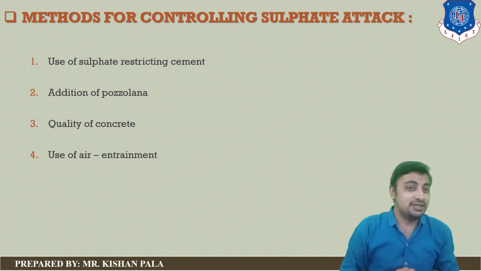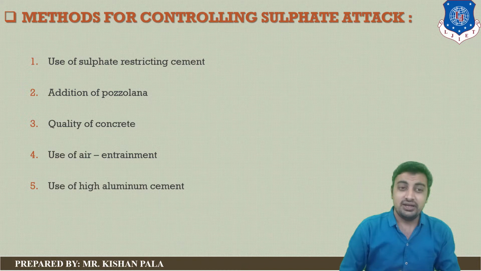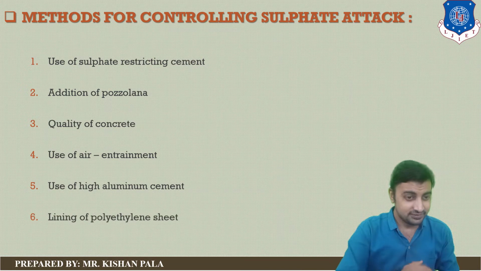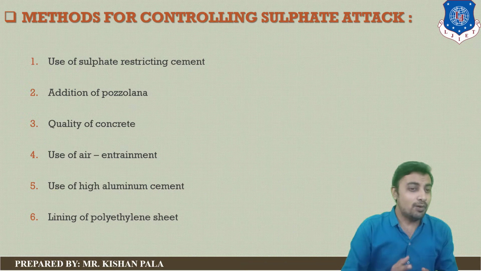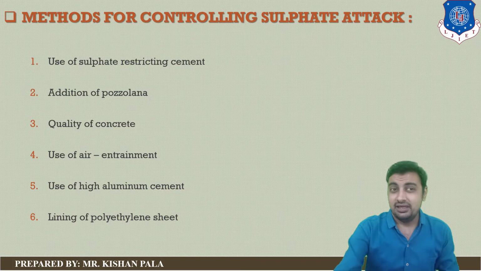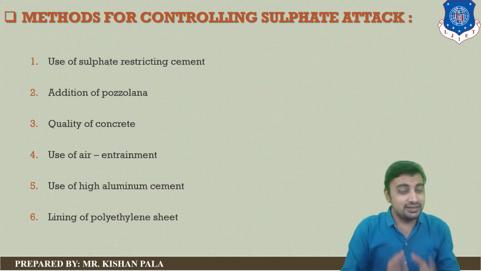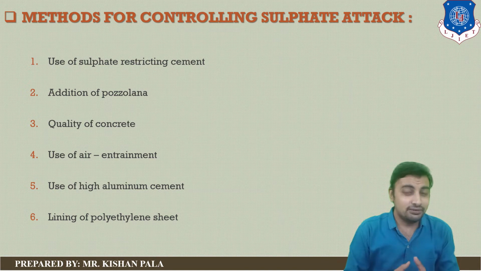Fourth one is by using air entrainment. Fifth one is use of high alumina cement. And sixth one is lining with polyethylene sheet. With these methods, you can control the sulfate attack on concrete.